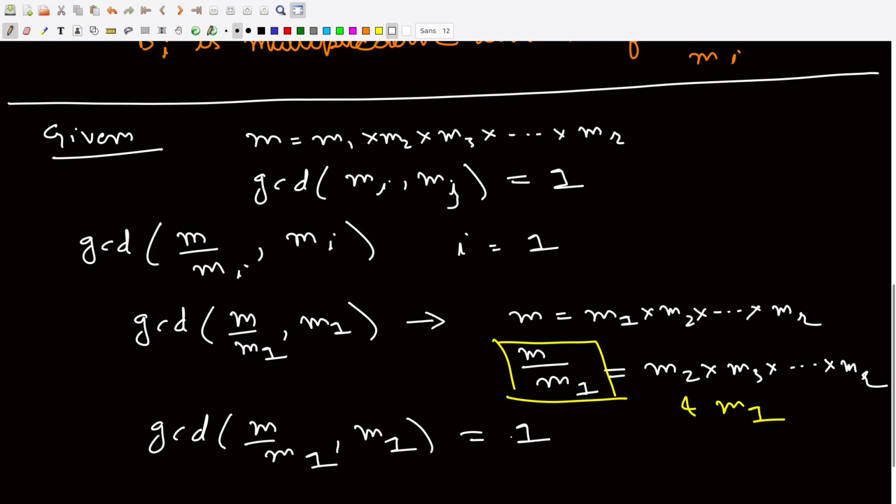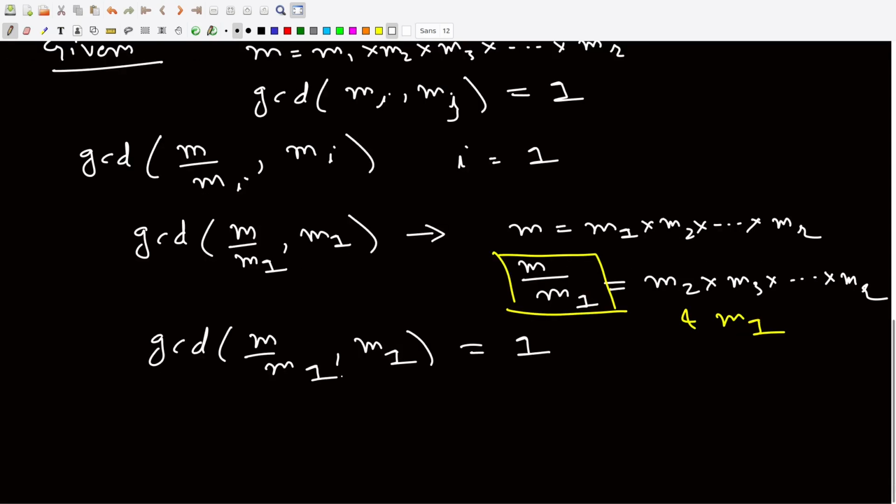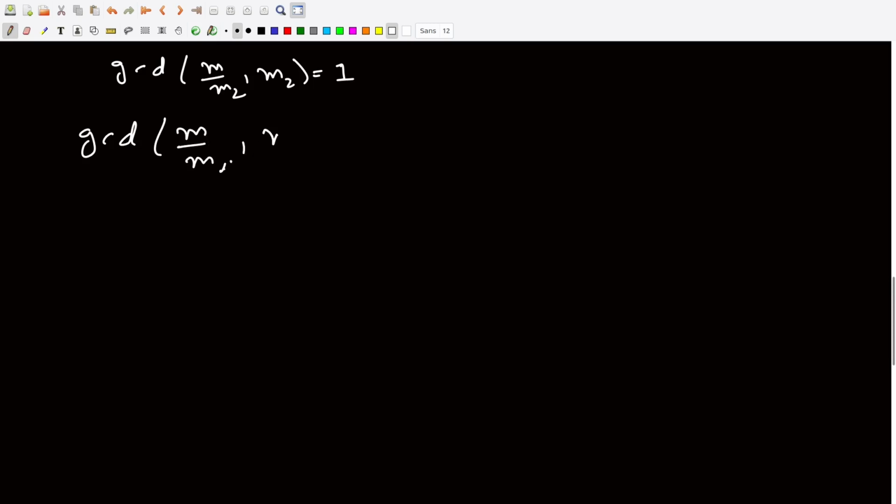Similarly, we can plug in i equals 2 and see that the GCD of m upon m2, comma m2 is also 1. In general, GCD of m upon mi, comma mi is 1 for all i from 1 to r.